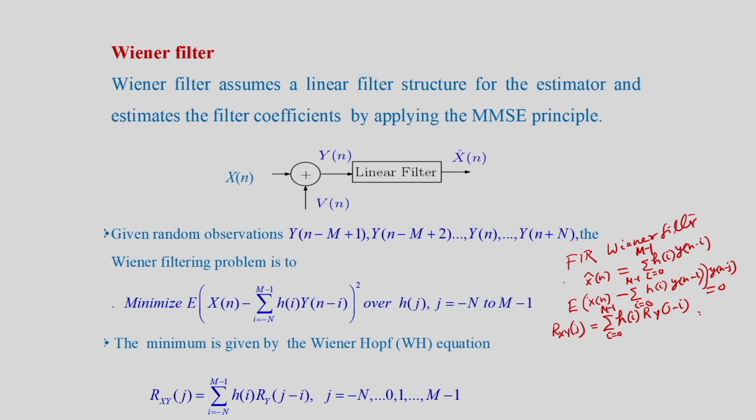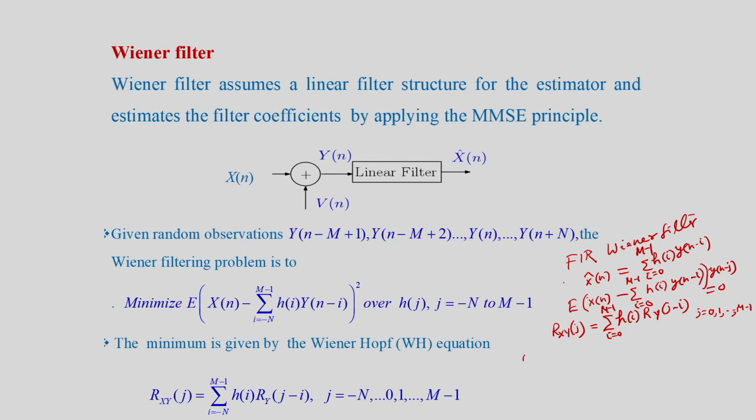That is true for j equal to 0, 1 up to M minus 1, because these are our data points. That way we derive the Wiener-Hopf equations for the FIR filter, and similarly the minimum mean square error also we can find out.